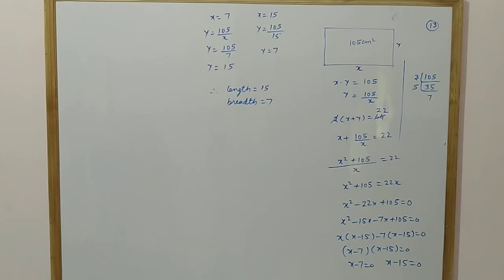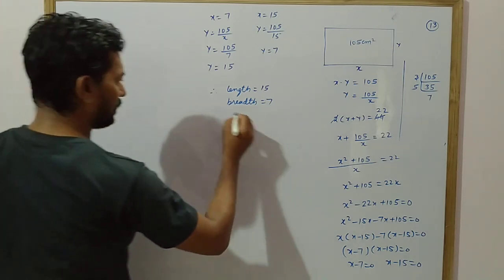In question number 14, it is given that a rectangular garden 30 meter by 16 meter is surrounded by a concrete walk of uniform width.